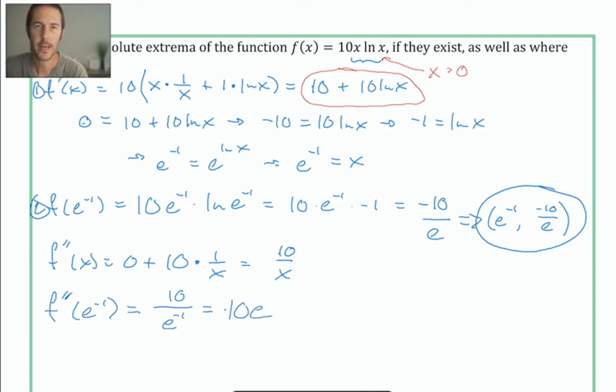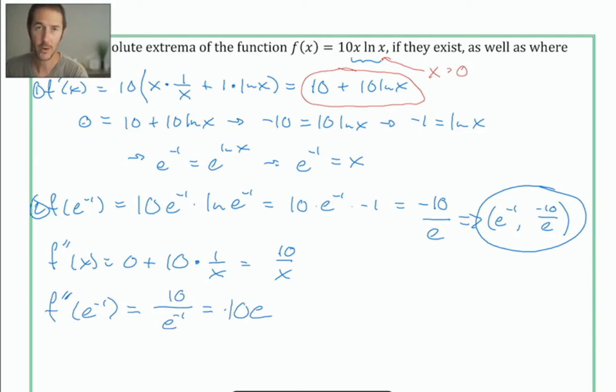So I used the fact that our e is being raised to a negative exponent in the denominator. I've made the exponent positive in order to relocate it, so to speak, and push it up into the numerator. Remember that this is the same thing as 1 over e, so I'm really multiplying by the reciprocal. Either way, we end up with e in our numerator, and I've got 10 times e.